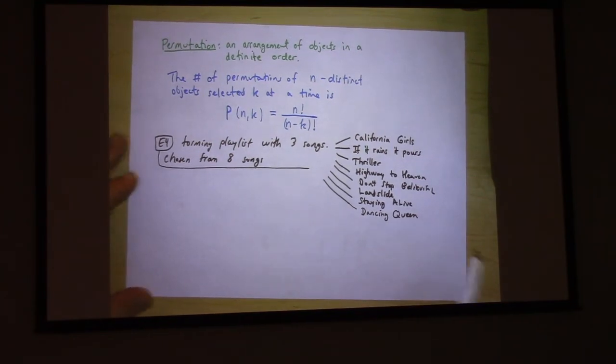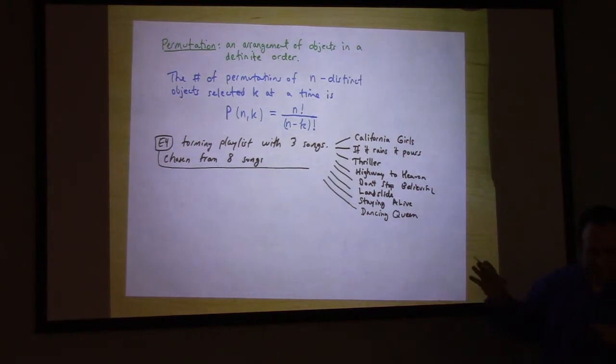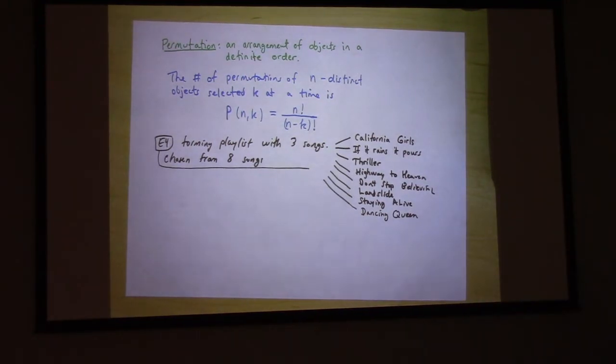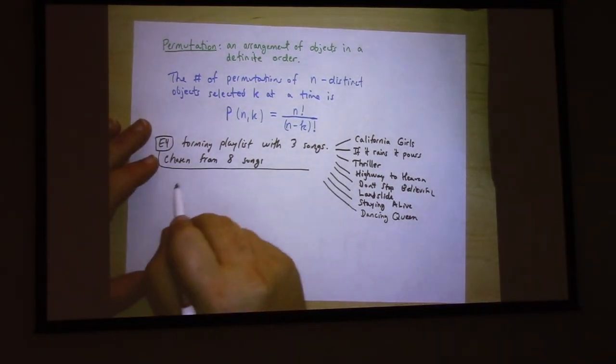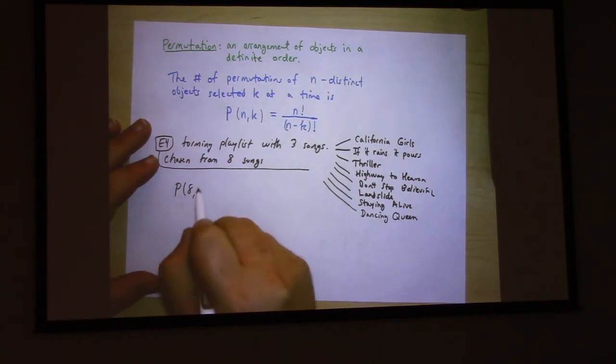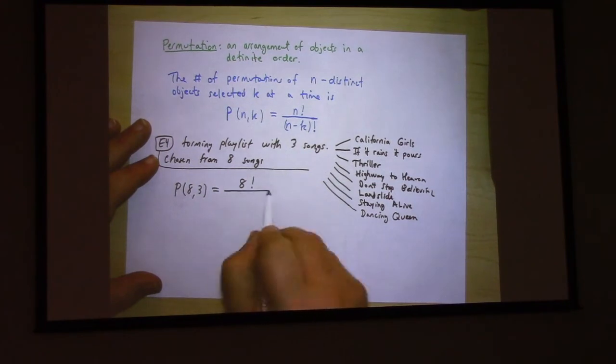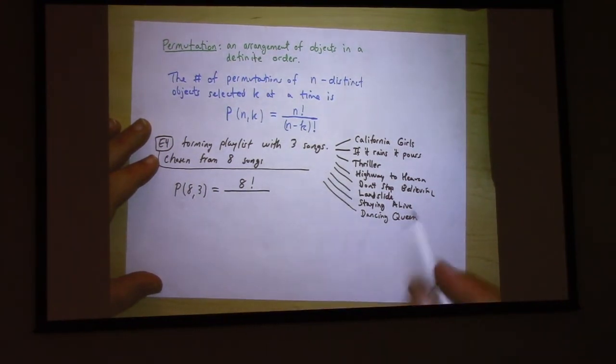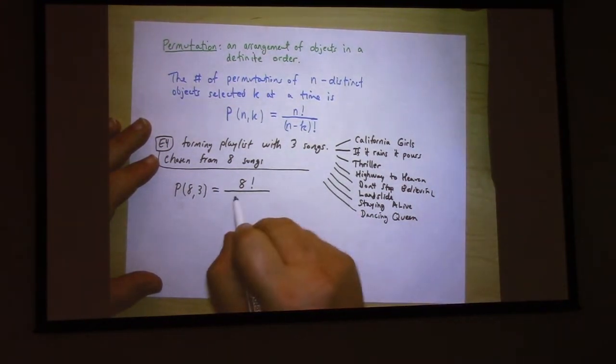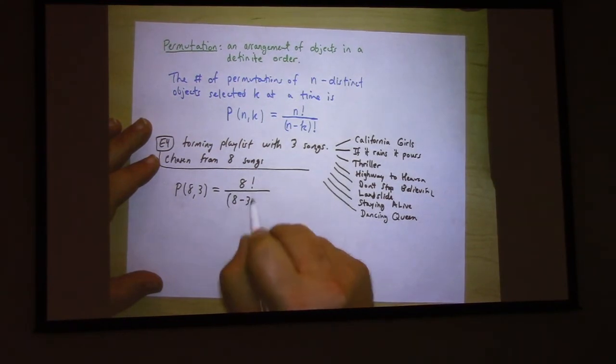Right. So if we're going to form a playlist with 3 songs chosen from the 8 songs, that's the context here. So the number of such playlists is P(8,3). So we have to calculate 8 factorial divided by (8 minus 3) factorial.